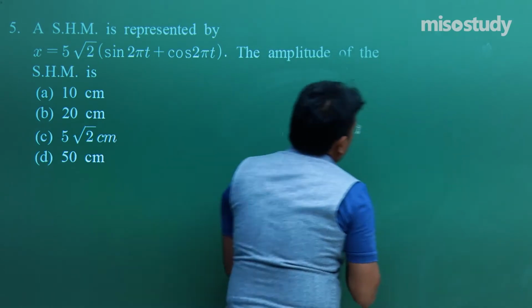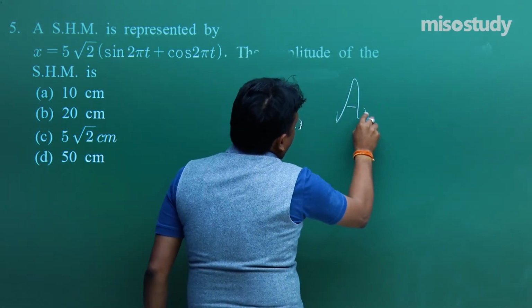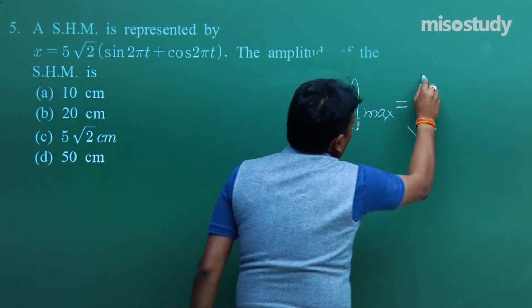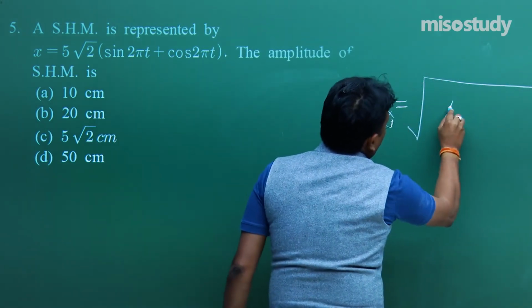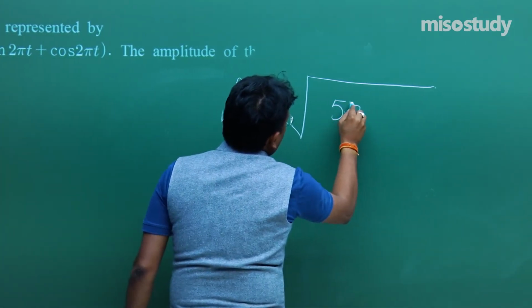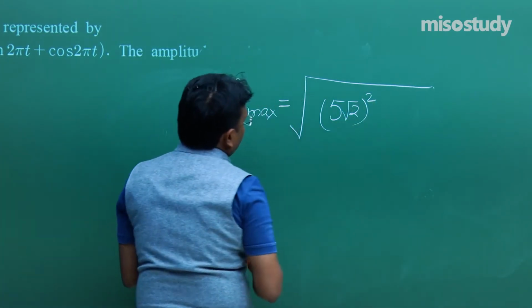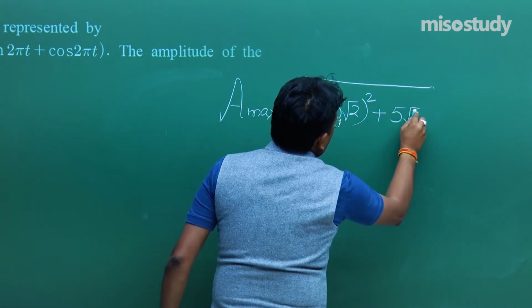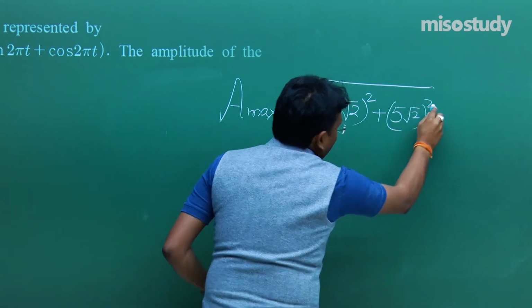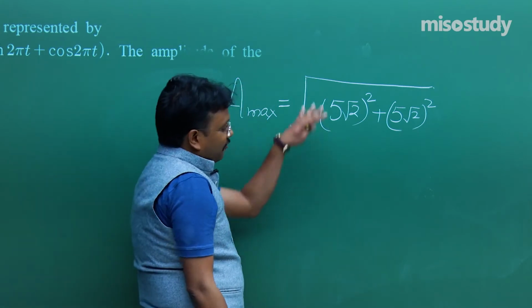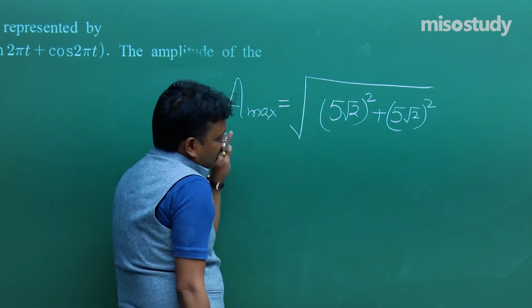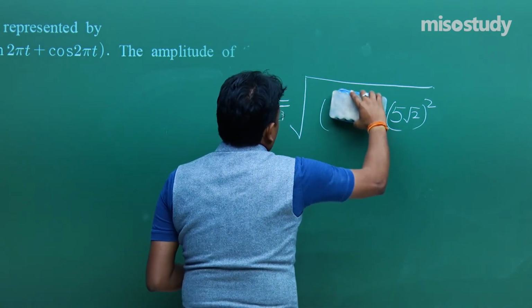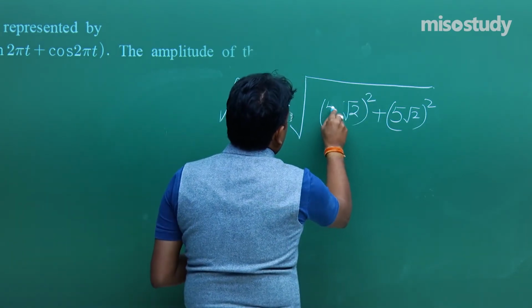So A max is equal to under root, 5 root 2 whole square plus 5 root 2 whole square. After this much explanation, this 5, okay, it's going to be 50, not 5, yes, 50.